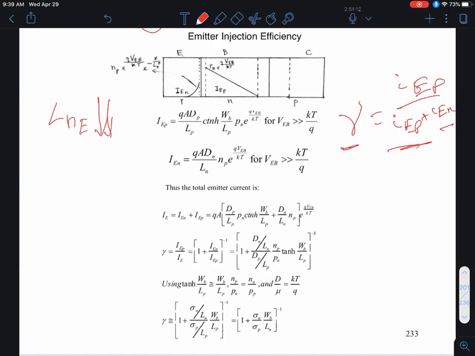Now that's generally a good assumption because the emitter is assumed to be very highly doped. If the emitter is highly doped, any back injected minority carrier electrons will meet this large concentration of background majority carrier holes and recombine very, very rapidly, right? So that's why I'm just showing the decaying exponential term, okay?